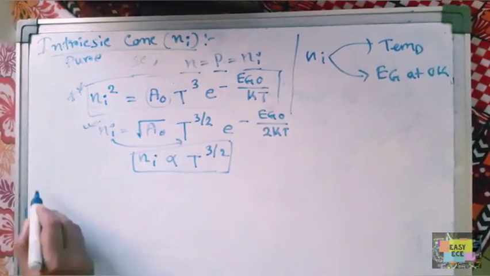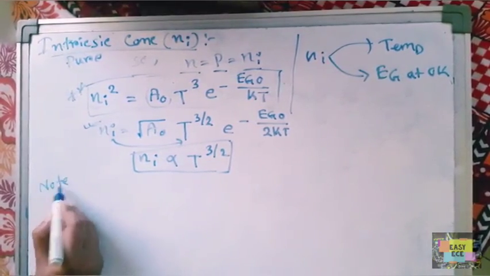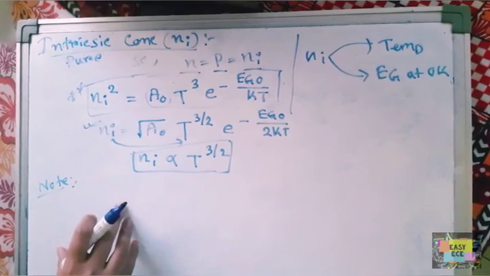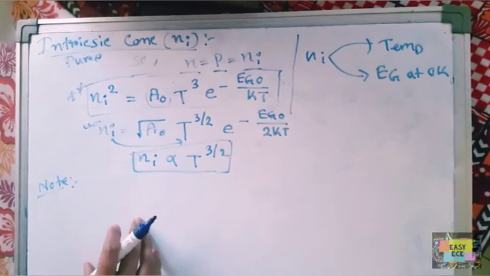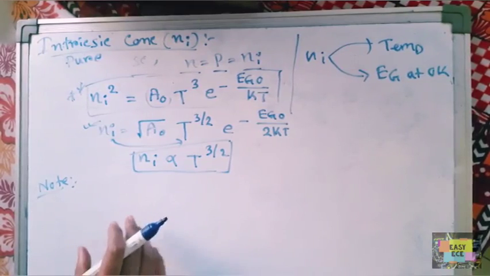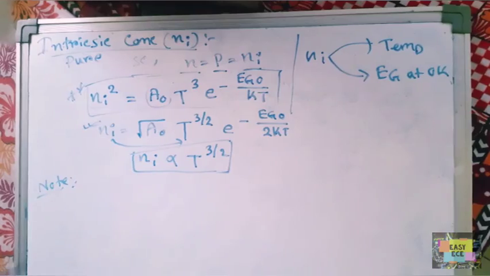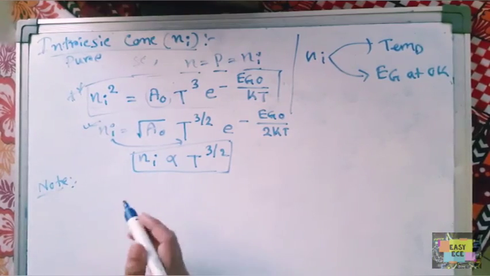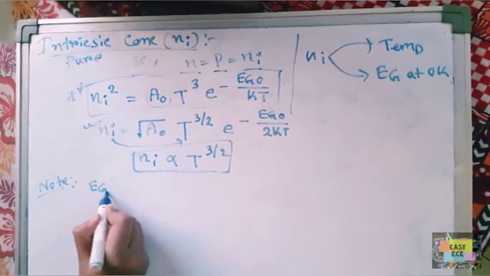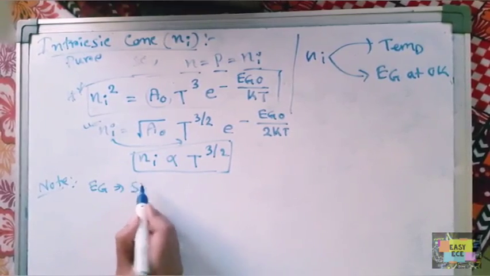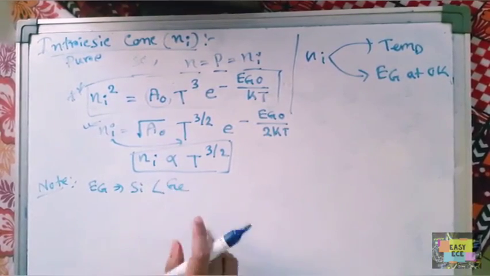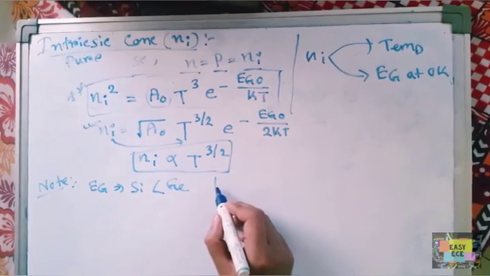Now another point to note here: the intrinsic concentration of silicon is less than the intrinsic concentration of germanium, because the energy gap of silicon is greater than that of germanium. So that's why the value is also less.